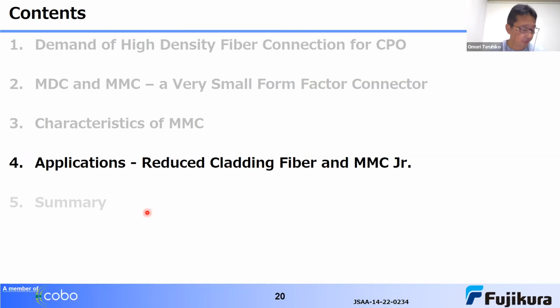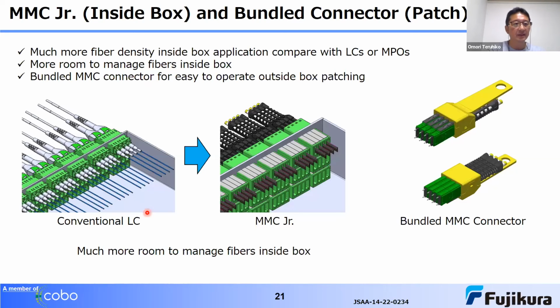Next, I will talk about applications, reduced cladding fiber and MMC Junior. This is an MMC Junior connector, and on this side there is an MMC connector, and inside the box we will apply MMC Junior.